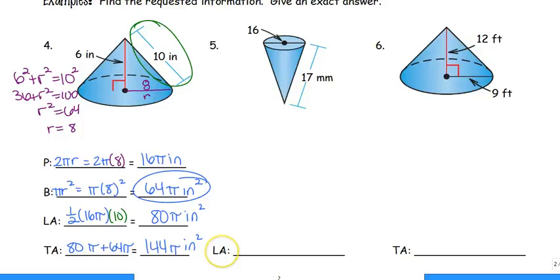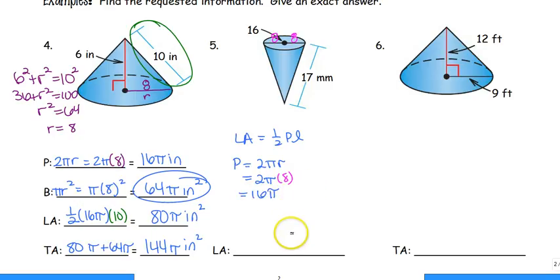We want to find the lateral area. Remember, when I don't request all the information, only do the information that you need. So for lateral area, I need perimeter and slant height. For our perimeter, we need 2 times pi times r. 2 times pi times, when I look at this, 16 is your diameter, so our radius is going to be 8, giving us 16 pi as the perimeter.